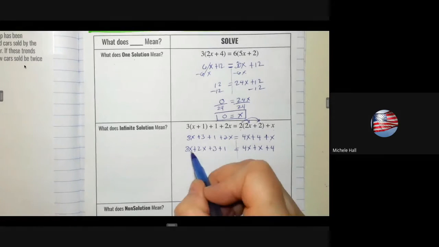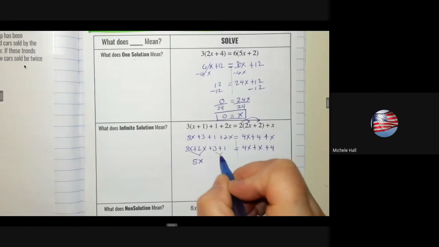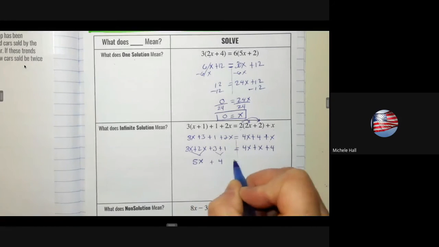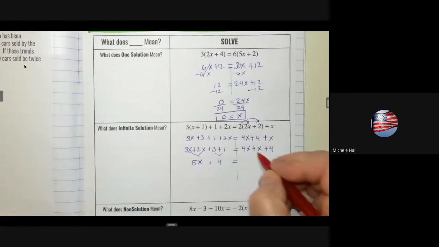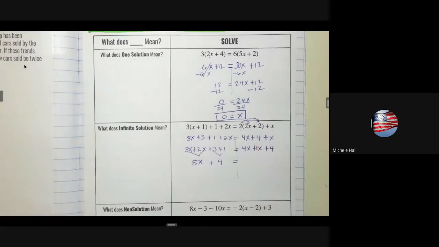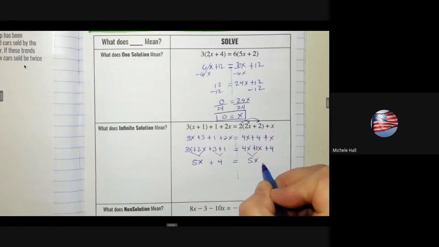All right, so I could do 3x plus 2x is 5x. 3 plus 1 is 4, equals 4x plus 1x equals 5x, and then plus 4.